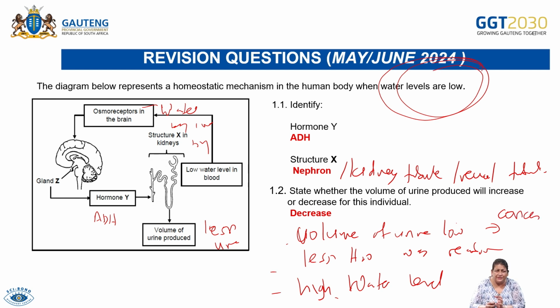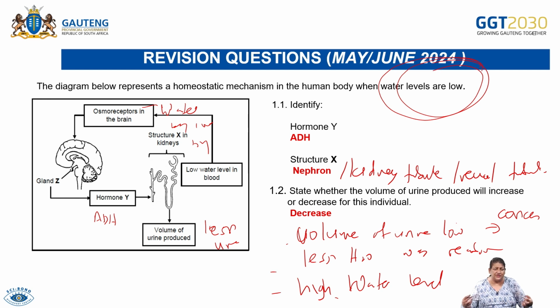It's dark yellow, because it's concentrated. That means there's less urine. That means there's less water. Why is there less water in your urine? Because the water level in your blood was low, so more water got reabsorbed into the blood. That's why there's less water in the urine, because more water was reabsorbed.